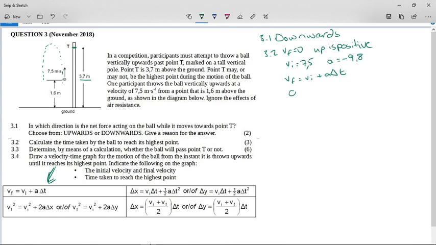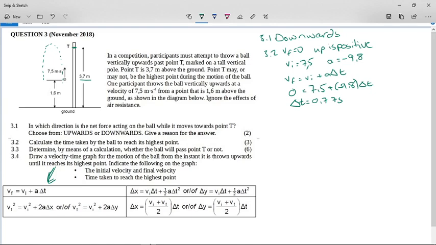So my final velocity is going to be 0, my initial velocity is going to be 7.5, and then we're going to add in 9.8 times delta t, but obviously the 9.8 is downwards, so it is negative. So if you do algebra and put it in your calculator, you will end up with a delta t of 0.77 seconds.